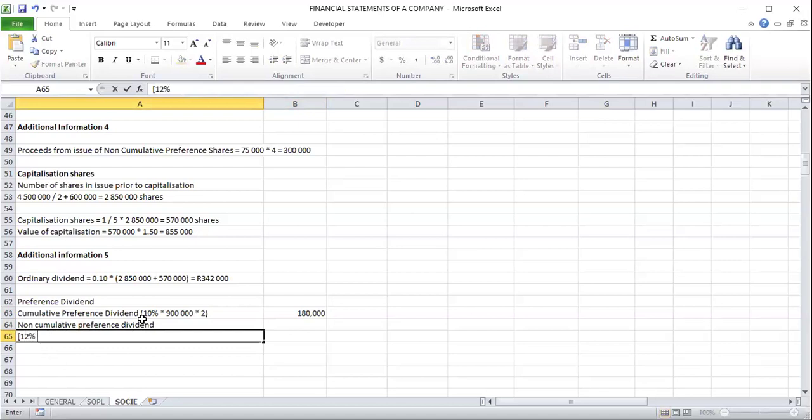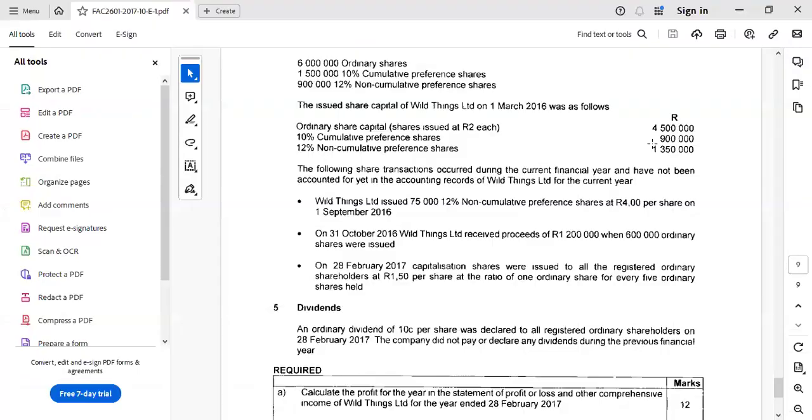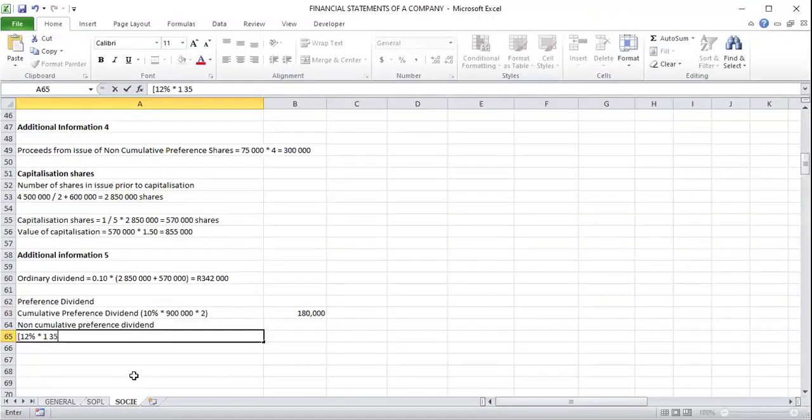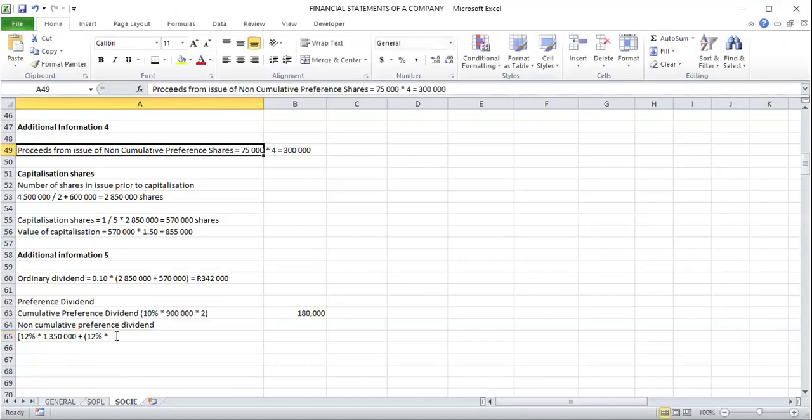12% multiplied by these ones here. They were there at the beginning of the year. 1,350. They will not have for 2 years, only for 1 year. Multiply by 1,350. Then we also have a dividend for the new shares. 12% multiplied by, remember with these new shares for 300,000.